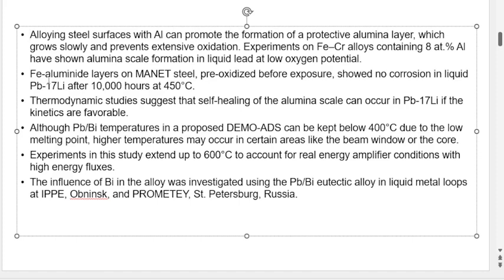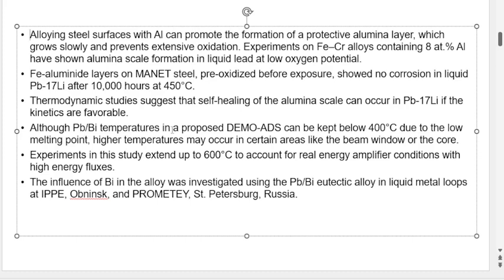The iron aluminide layers on martensitic steel, pre-oxidized before exposure, showed no corrosion in liquid Pb-17Li after 10,000 hours at 450 degrees C. Thermodynamic studies suggest that self-healing of the alumina scale can occur in Pb-Li if the kinetics are favorable.